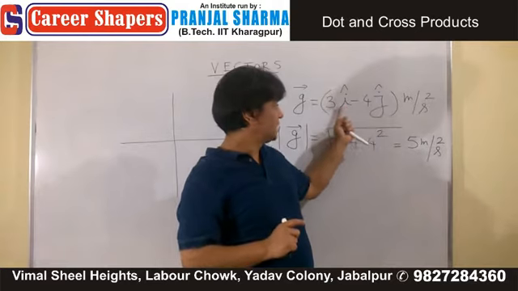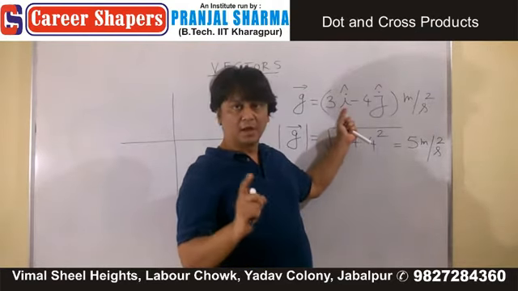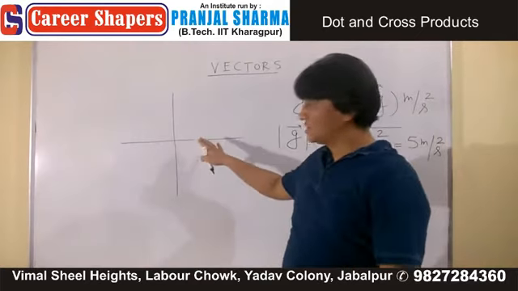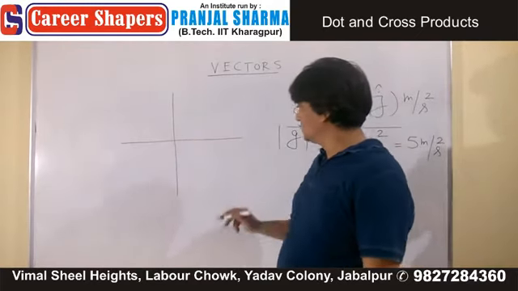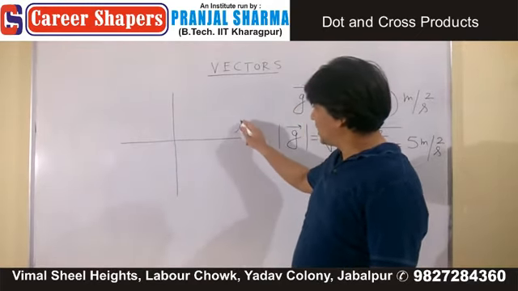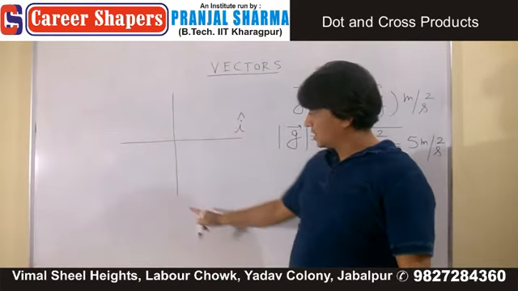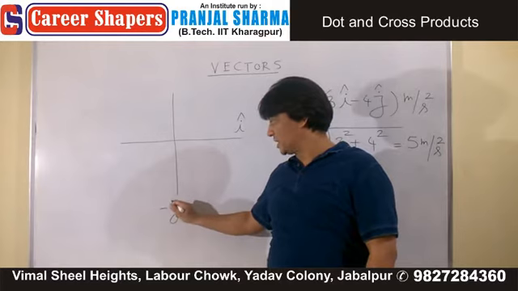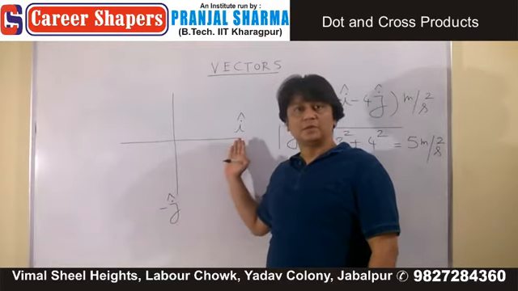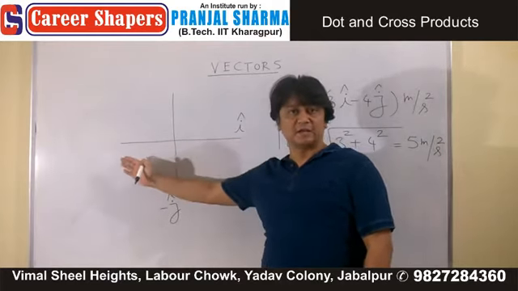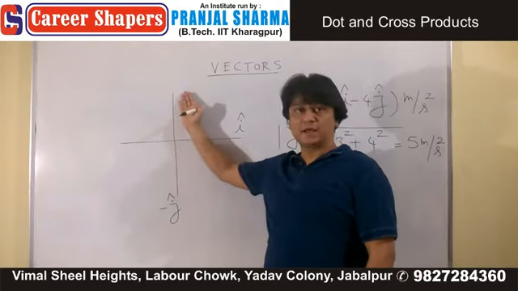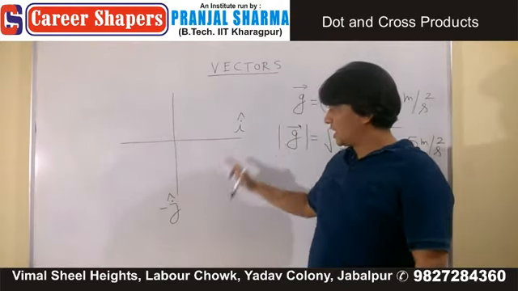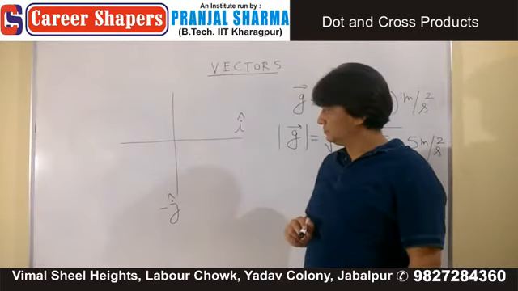Remember the steps. I cap and minus of j cap. Write down these things in this axis system. This is your I cap. This is your minus of j cap. This is x-axis, this is minus x. This is y-axis, this is minus y. So this is I and this is minus j.